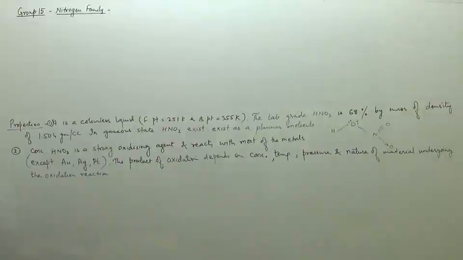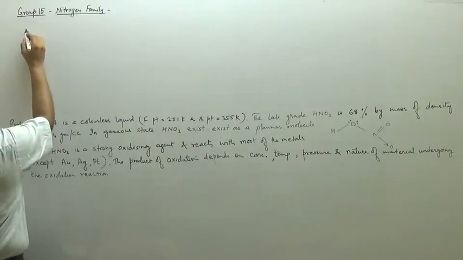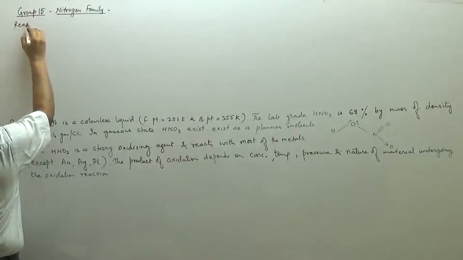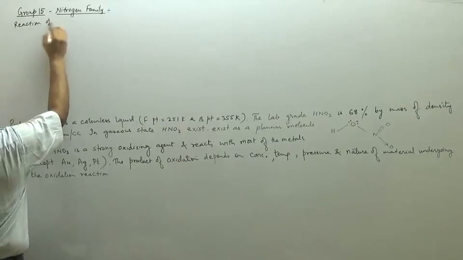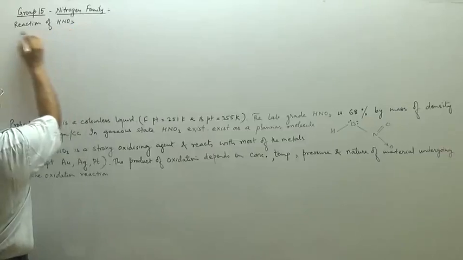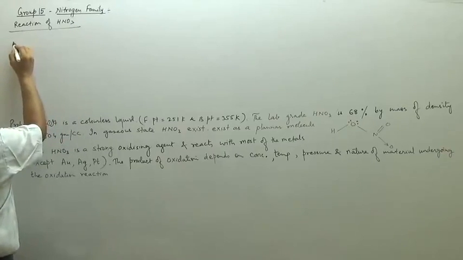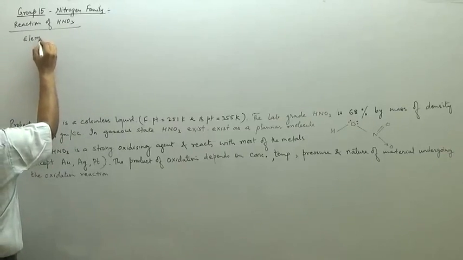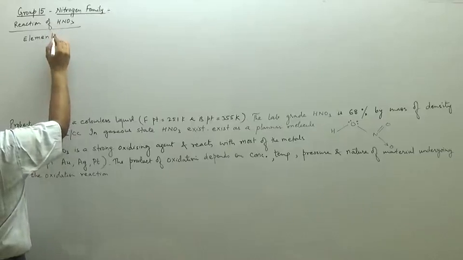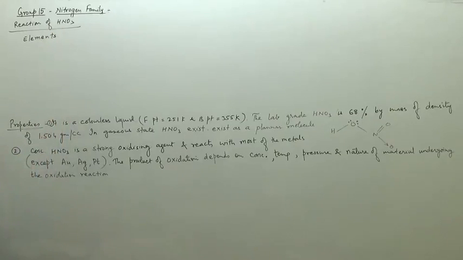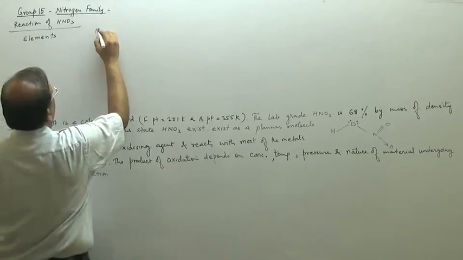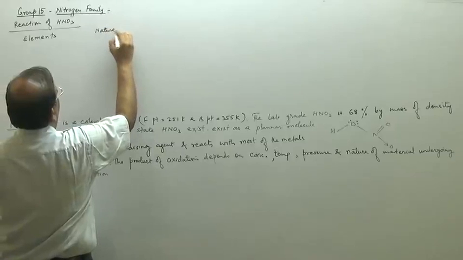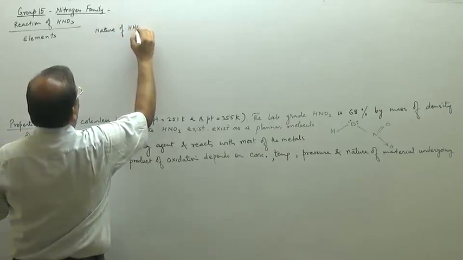So we can write the element which is going to react. A reaction of HNO3 we are going to write: the elements which are going to react, with the nature of HNO3, that is dilute or concentrated.